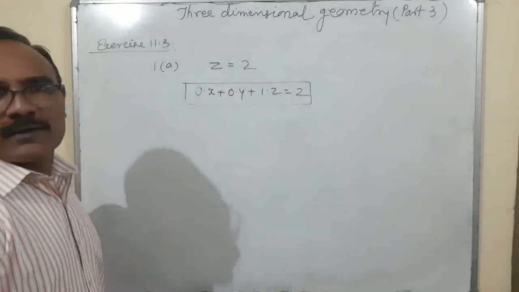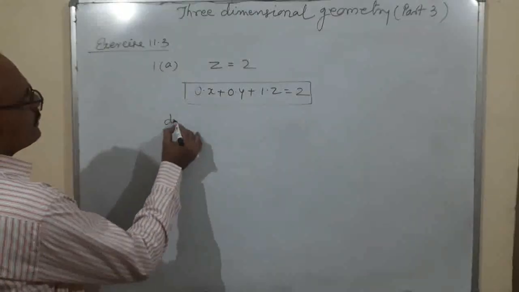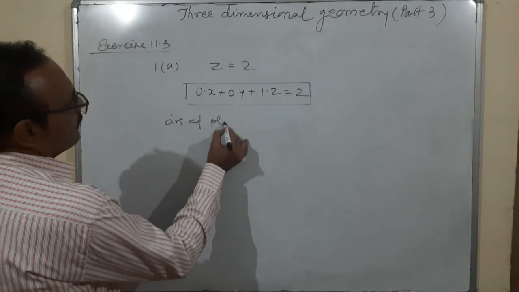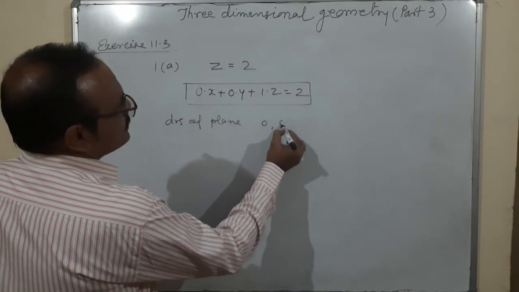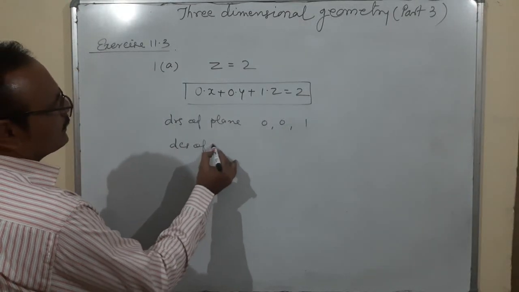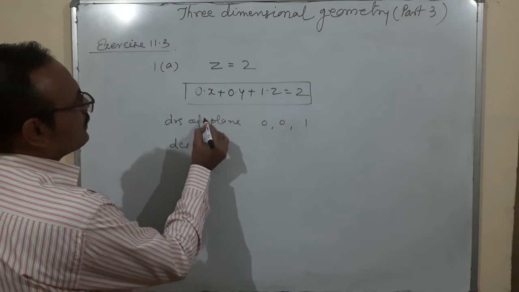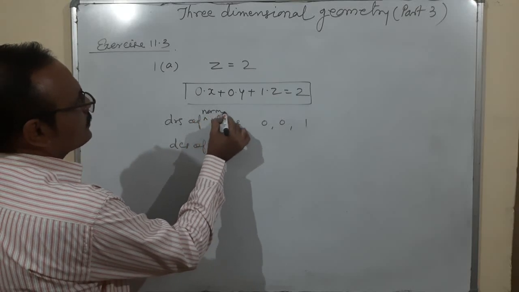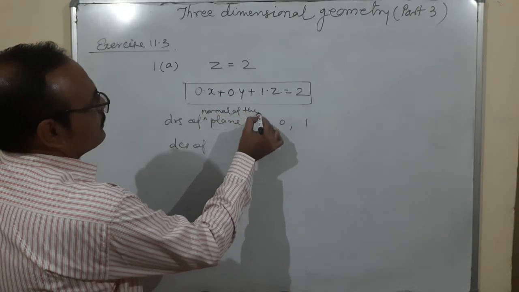Direction ratios of the normal of the plane are 0, 0, 1.